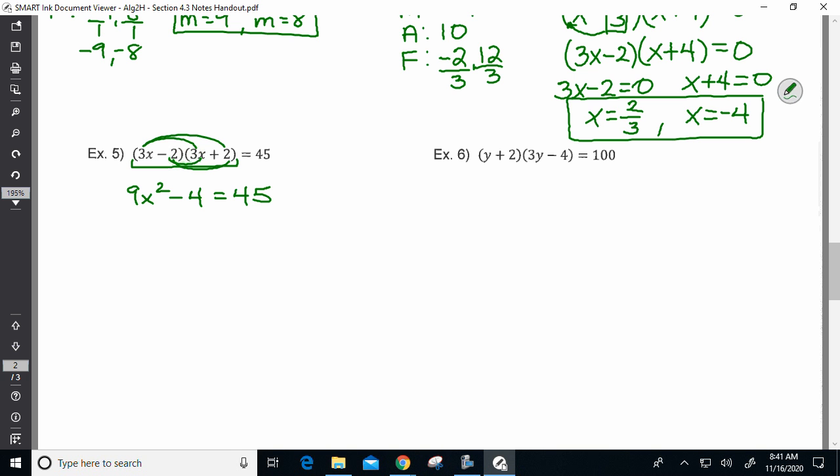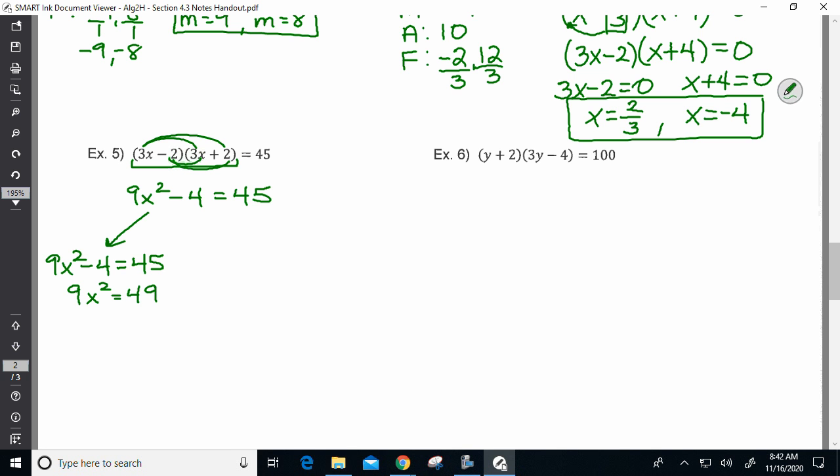Since the middle term dropped out, this now gives us two different ways to solve this problem. We could technically solve this using square roots. So if you solve it using square roots, that's 9x squared equals 49.